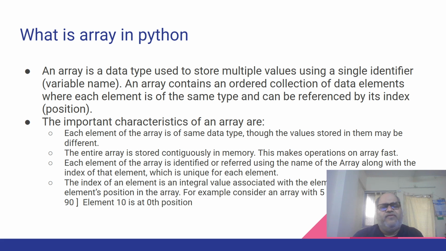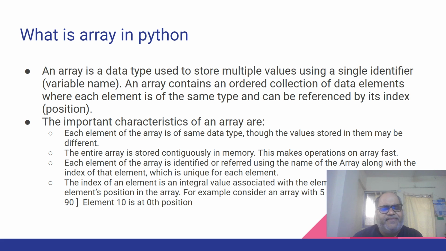If you look for a formal definition, an array is a data type that is used to store multiple values using a single variable name. It contains an ordered collection of elements where each element is of the same type and can be referenced by its position. If you look at some of the key characteristics, each element is going to be of the same type.